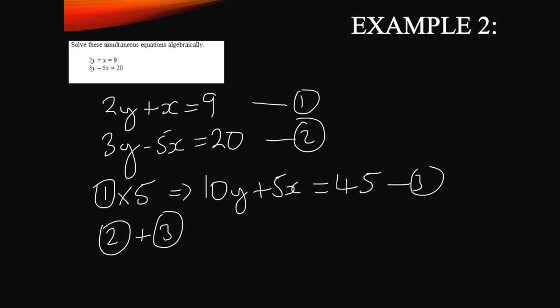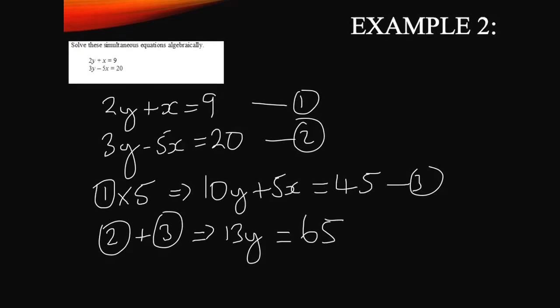So if I'm adding these two things together, I get 13y, no x's because I've added my minus 5x and my plus 5x, equals 65. Now what I can do is divide both sides by 13, which means that y is 5. I've got one of the answers, so I can write in y equals 5.